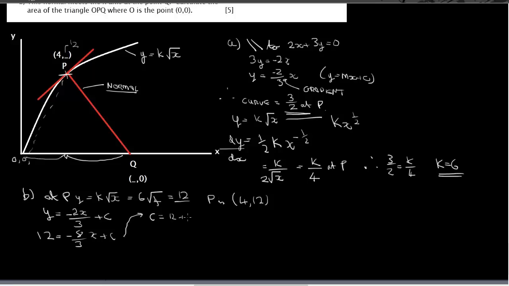So c equals 12 plus 8 over 3, which gives us 44 over 3. So y equals minus 2x over 3 plus 44 over 3.